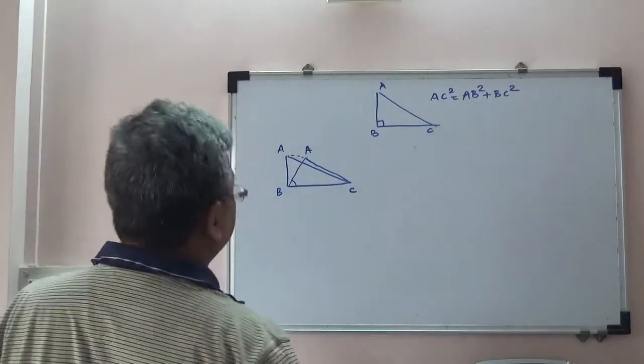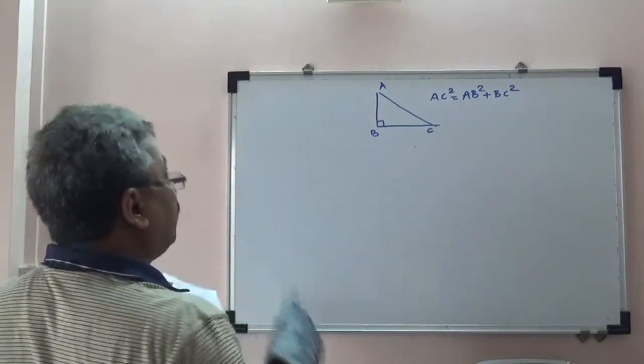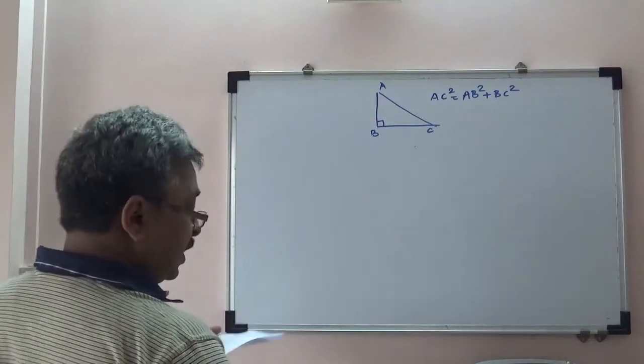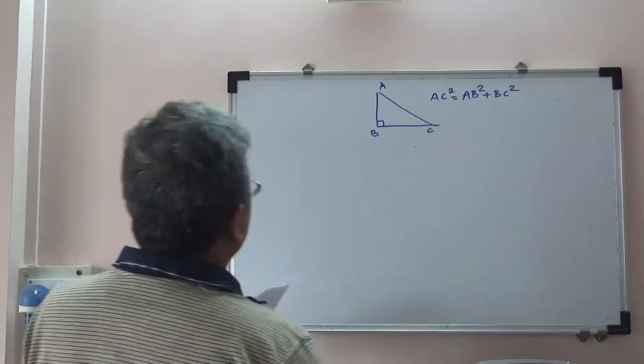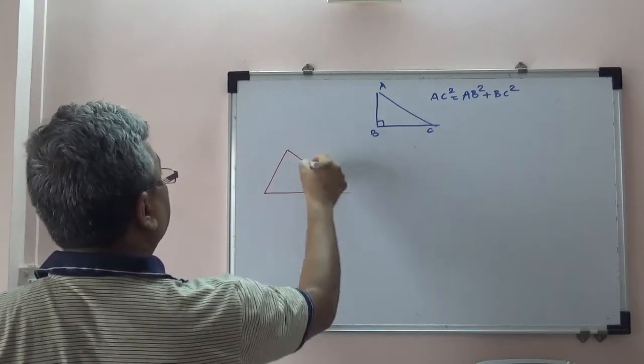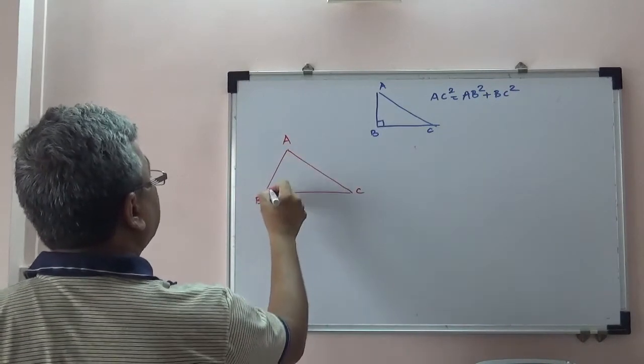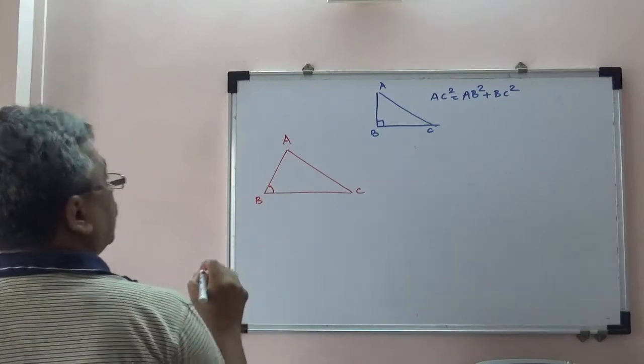So now let us try to find out this distance AC in case the triangle is an acute angle triangle. We start with acute angle B and we would like to find out distance AC if this angle is acute.